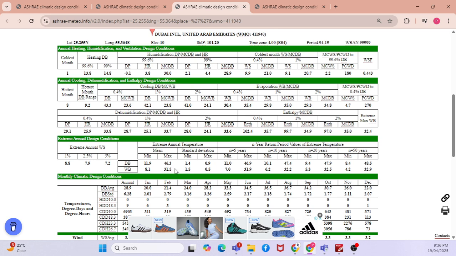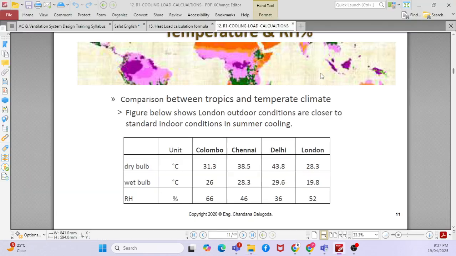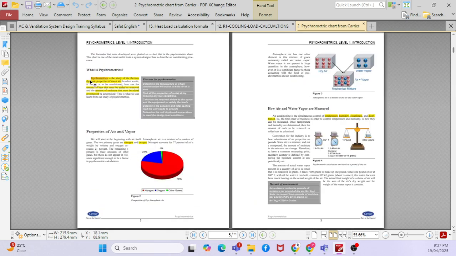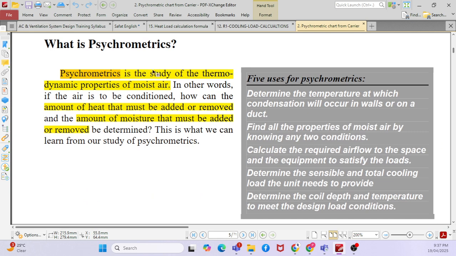Now, for example, if somebody is asking, remember when I told you to understand the psychrometrics, right? What is a psychrometric chart? If you want to explain what is a psychrometric chart, here it is given in the definitions. If you go further down, you can see that psychrometrics is a study of thermodynamic properties of moist air.